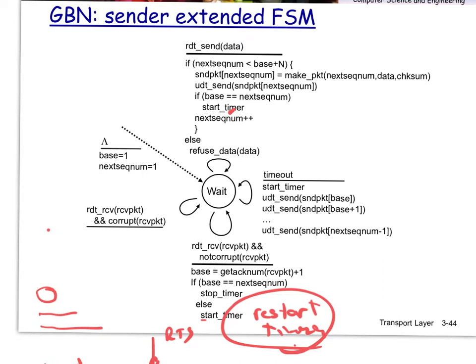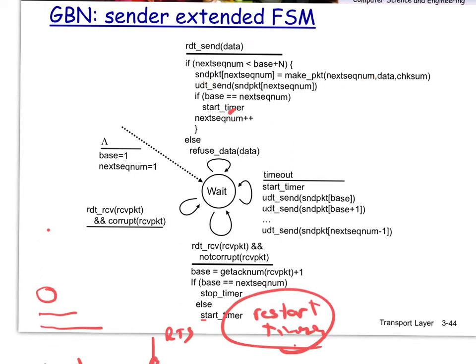Because if it's within the window, I can send it. If it's not within the window, I will leave it, but I cannot send it. So if the next sequence number is at the base plus n, meaning it's within the window, then and only then I can make the packet.